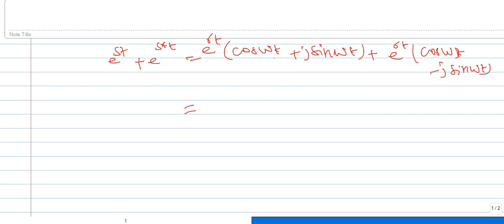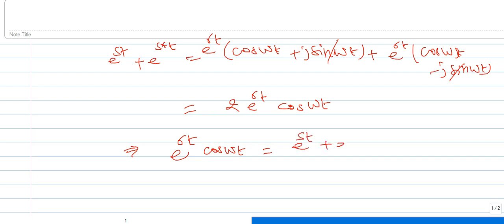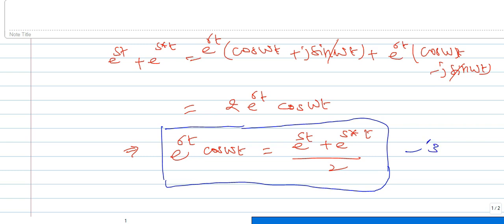So upon adding, the sin term will get cancelled and we are left with twice e to the power sigma t into cos omega t. Therefore, we can say that e to the power sigma t cos omega t is equal to e to the power st plus e to the power s conjugate t divided by 2. Let us call this equation number 3.